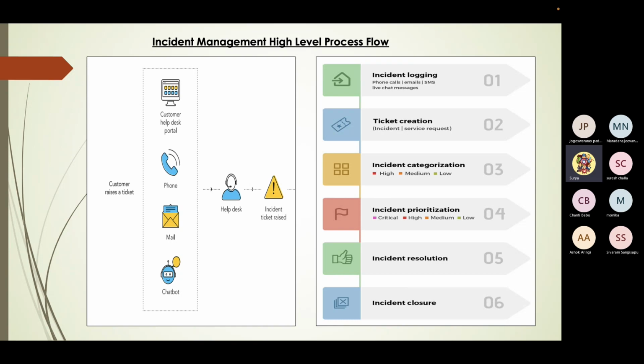He will provide the proper resolution to the incident. Finally, if the end user is happy that my issue is resolved, then it is good to close the ticket. Clear?